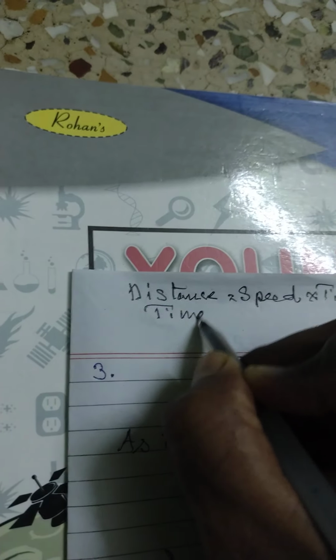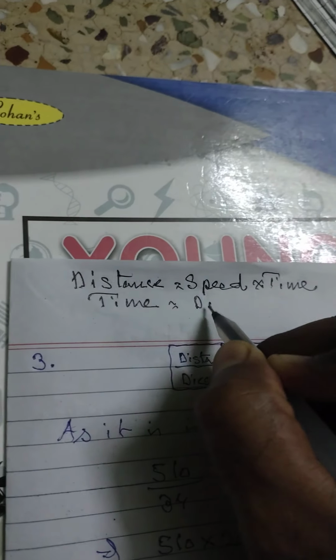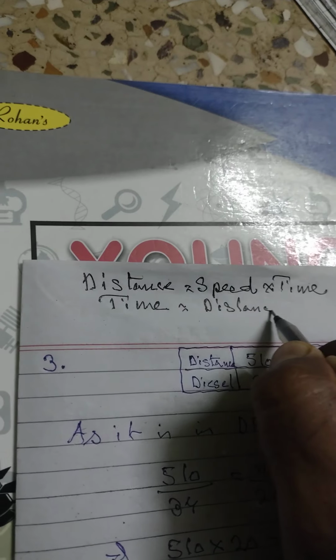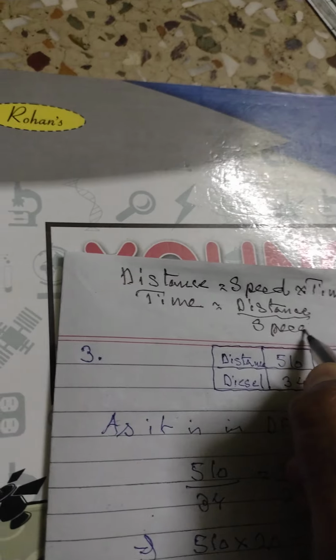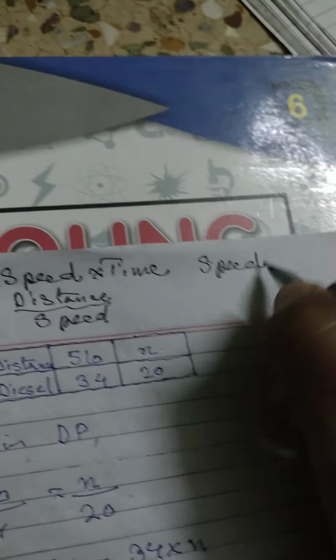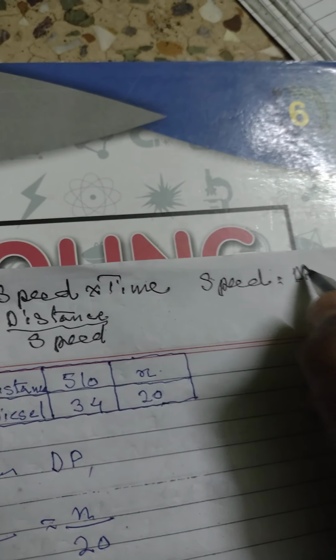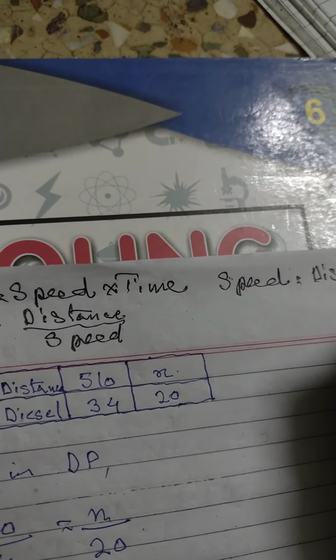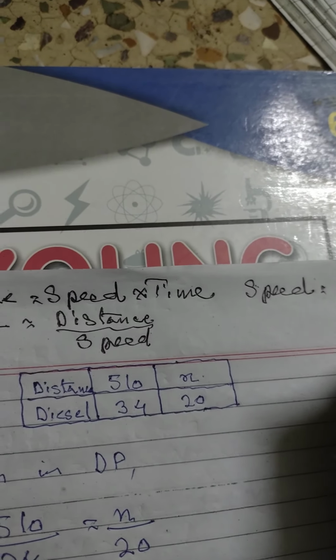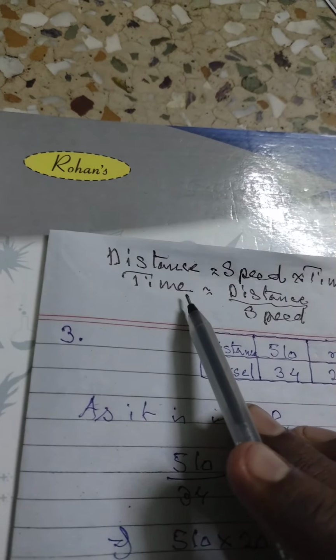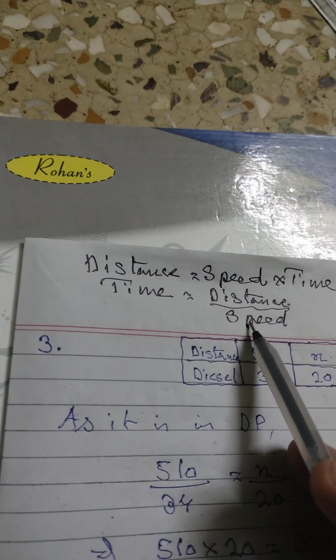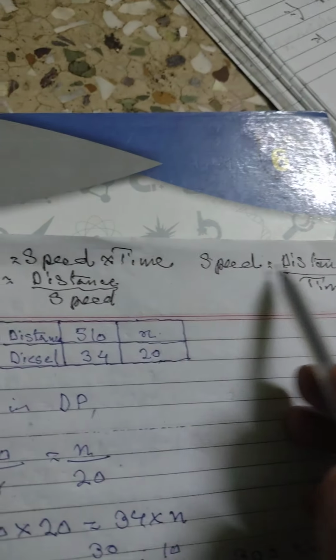Time is equal to distance by speed, and number third is speed is equal to distance by time. Okay, so the first formula is distance is equal to speed into time. Number 2, time is equal to distance by speed. And number 3, speed is equal to distance by time.